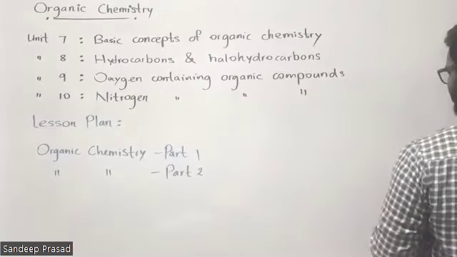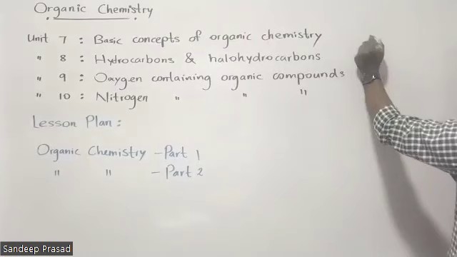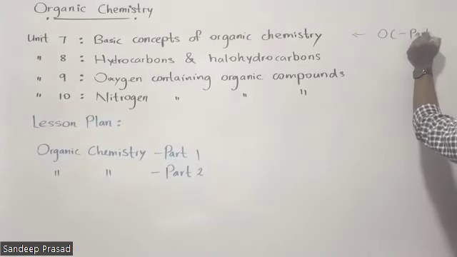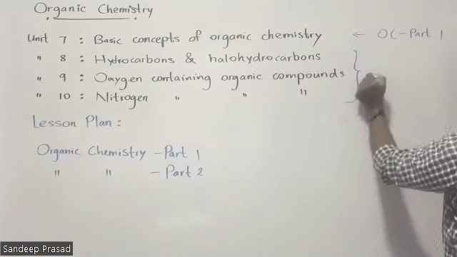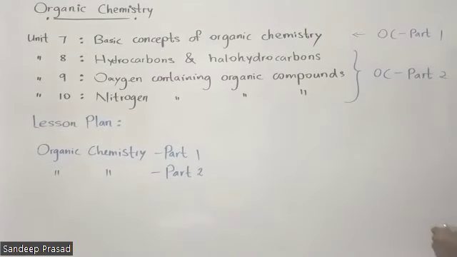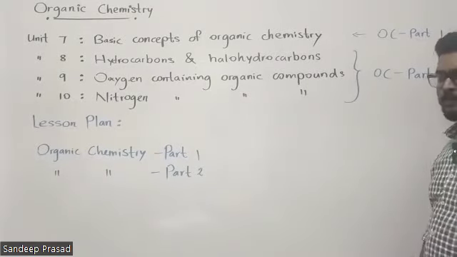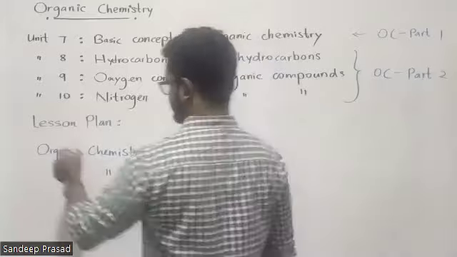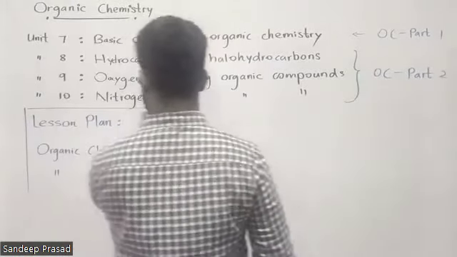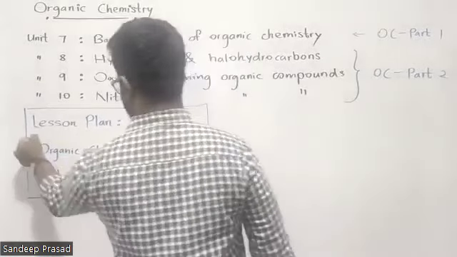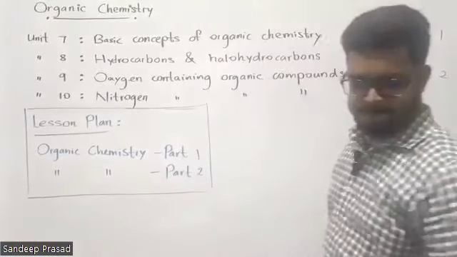Under organic chemistry part 1, we are going to cover unit number 7. Under organic chemistry part 2, I'm going to cover units 8, 9 and 10. Okay. So this is the lesson plan in organic chemistry, right? We have part 1 and part 2. Keep that in your mind.